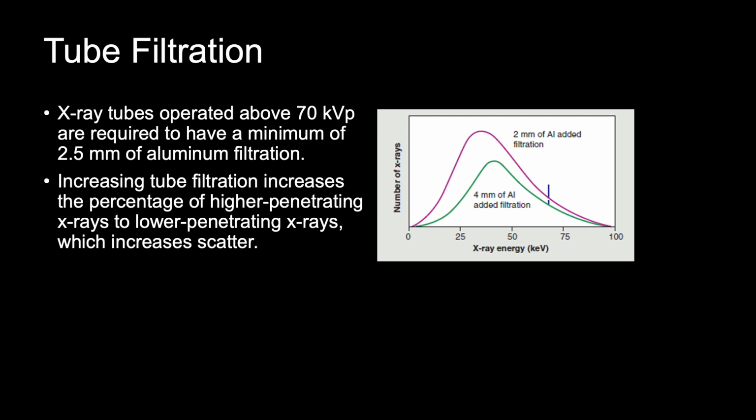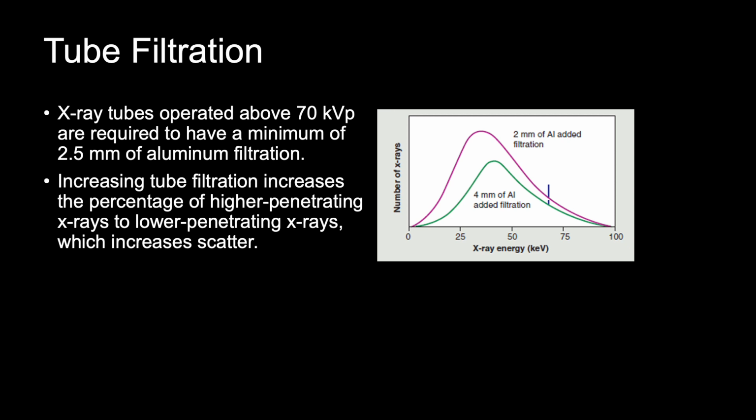We can see in this image two emission spectra. One is 2 millimeters of aluminum added filtration, and one is 4 millimeters of aluminum added filtration. You can see the added filtration is the green curve.